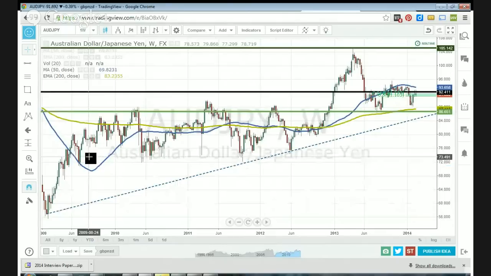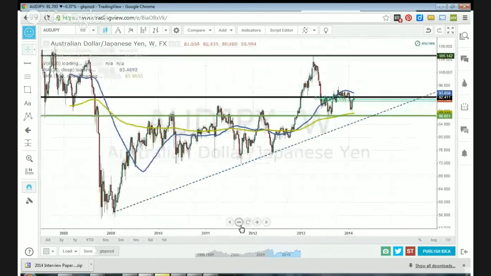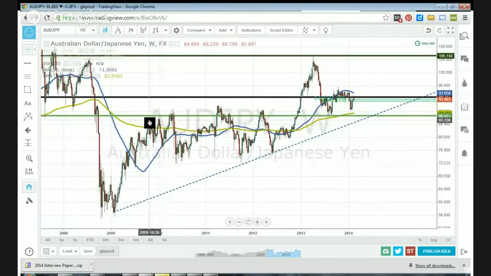So the weekly chart still looks bullish to me on AUDJPY. Now as for the daily chart, let me zoom out a little more to make sure it still looks bullish. Well, you definitely see a pattern of higher lows, so that's a major bullish sign.